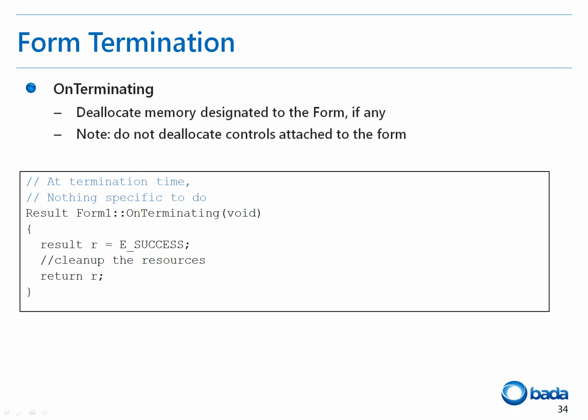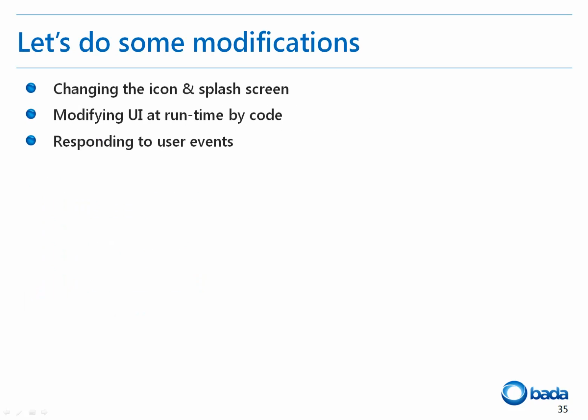These UI controls are not accessible from within the OnAppTerminating event handler. If you need to access these UI controls before the OnAppTerminating event handler is called in the terminating state, use the IFrameEventListener OnFrameTerminating event handler.